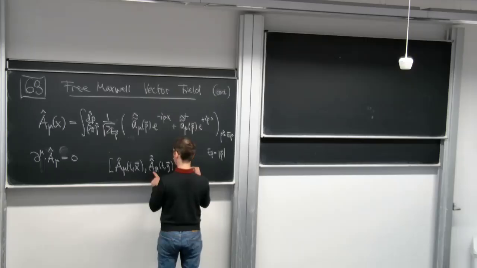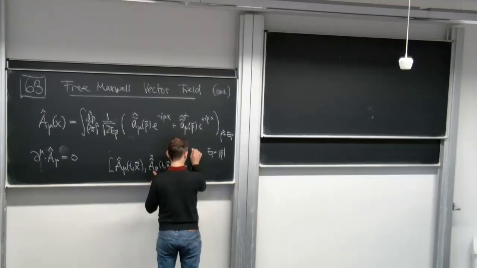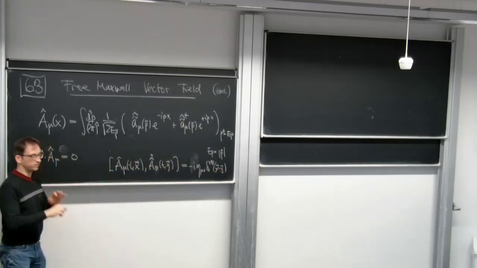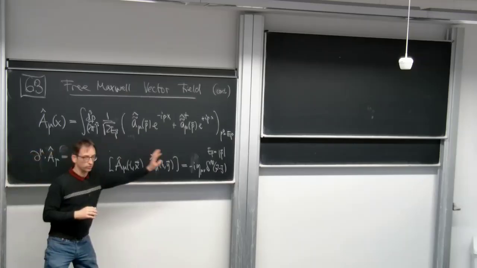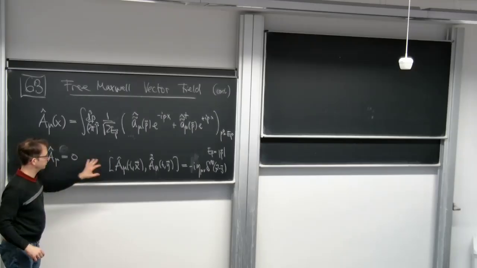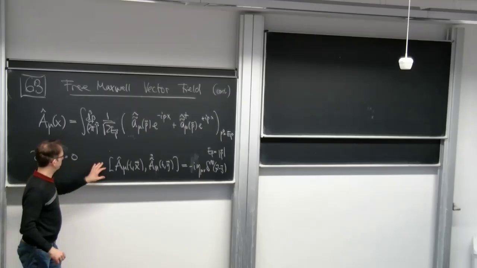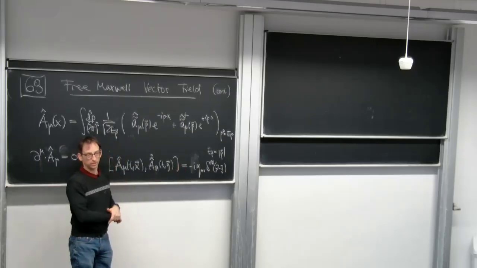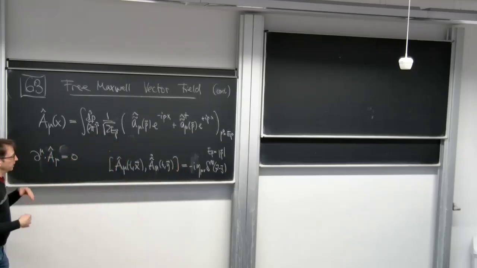So what is it really? It's iδ, minus iη^μν δ(x minus y). So this is what it's supposed to be, in particular non-zero. This constraint, however, together with the other commutation relation to zero, demands that this bracket is zero, and that's a contradiction. So we couldn't impose this, and we'll have to do something now.